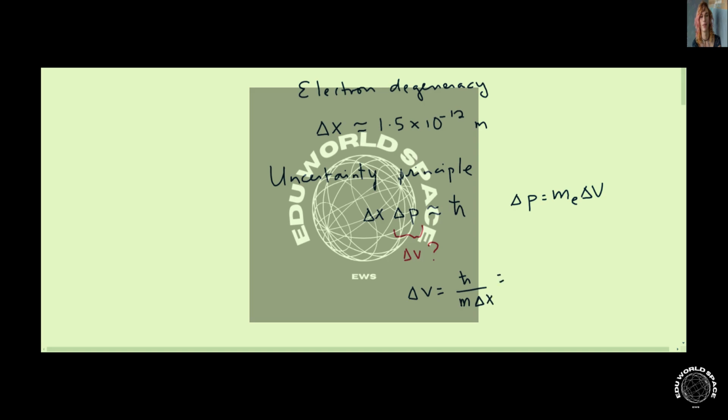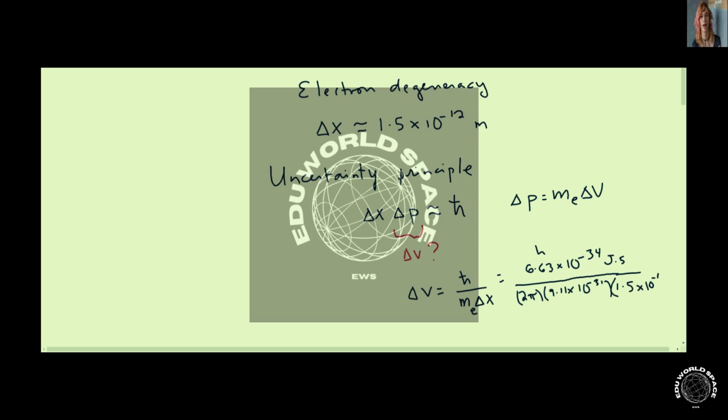And just a reminder that h bar is the same as Planck's constant, and I'll write Planck's constant down in SI units, joules times seconds, divided by 2 pi. And then we have the mass in SI units. And we have the uncertainty in position.